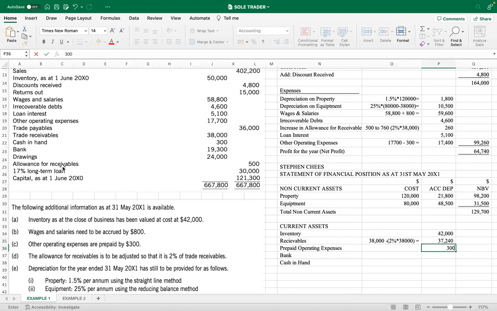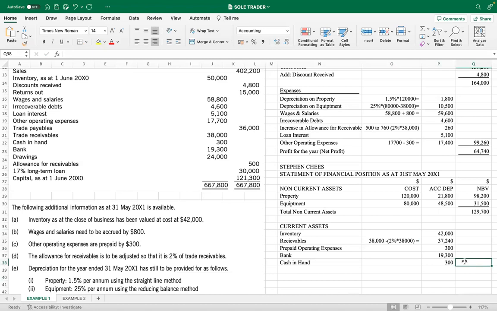Bank was 19,300. And cash in hand was 300. So I believe we have captured all current assets.